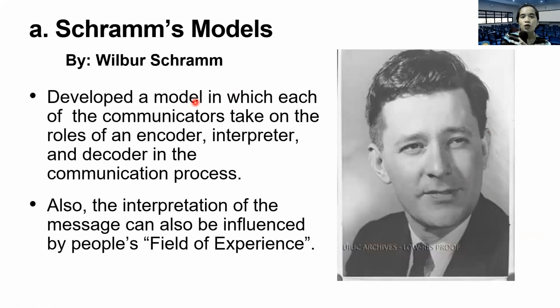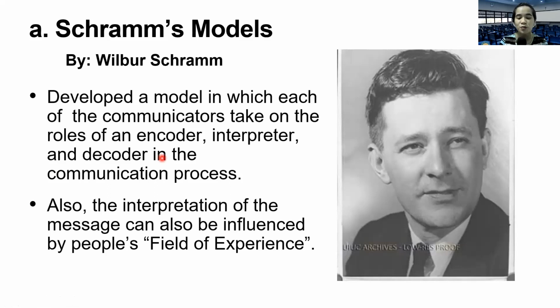Okay, so also the interpretation of the message can also be influenced by people's field of experience. So you will see here encoder, interpreter, and decoder on his model after this presentation. Okay, so what's unique with Schramm's model is the field of experience.